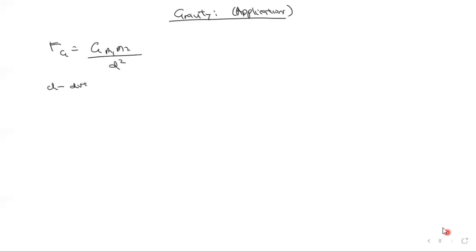Okay, and then of course we've got gravity and applications. The key thing you want to understand here is that the gravitational force from Newton's universal law of gravitation is G m1 m2 over d squared. Note, of course, that d is the distance between the centers.